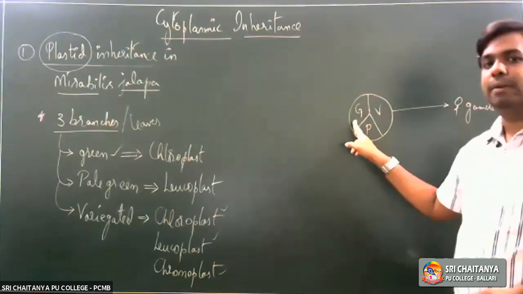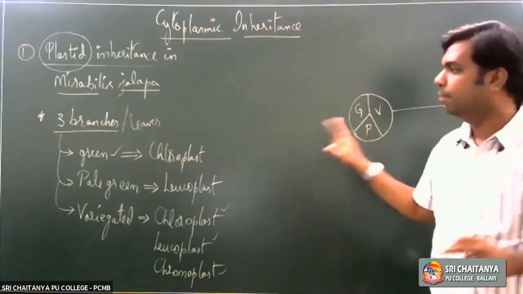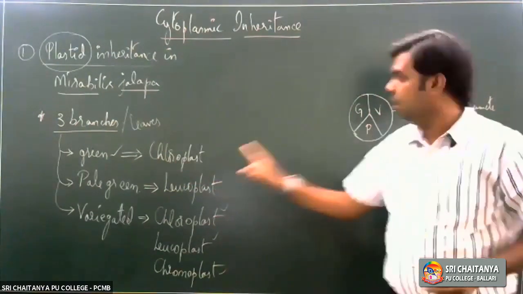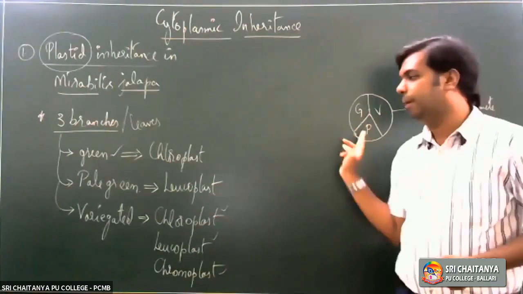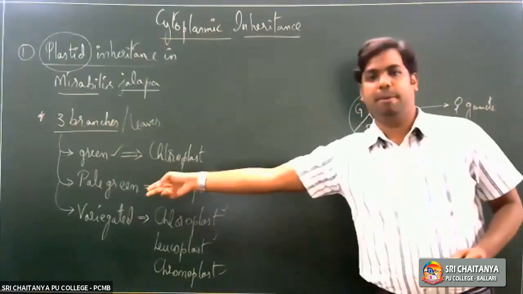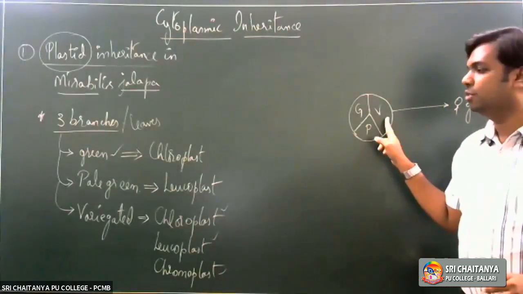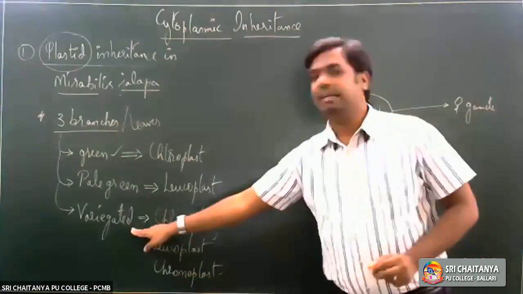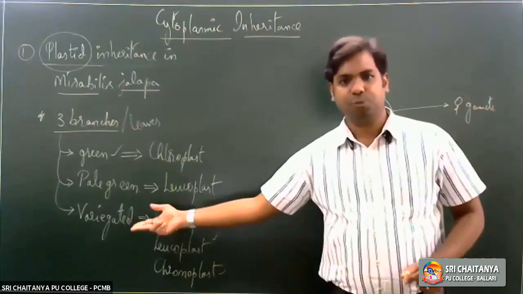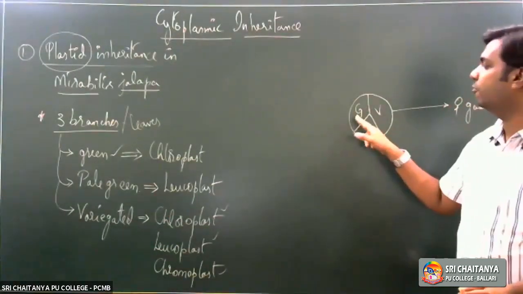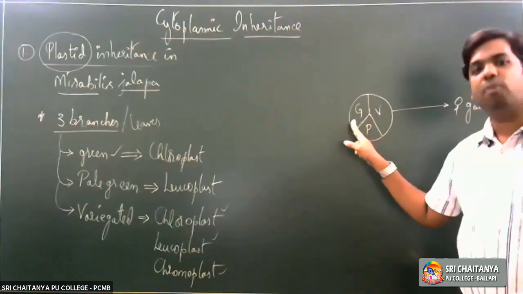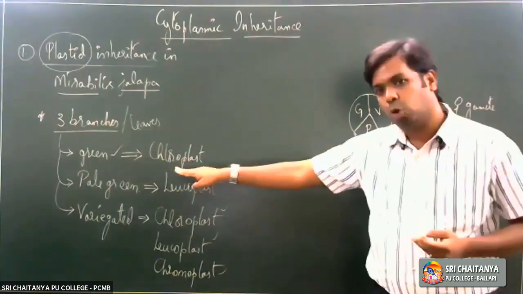G represents the female gamete from green colored branch. P represents the female gamete from pale green colored branch, whereas V represents the female gamete from variegated branch. When we say female gamete from green branch, what type of plastids do they have? They have chloroplast.